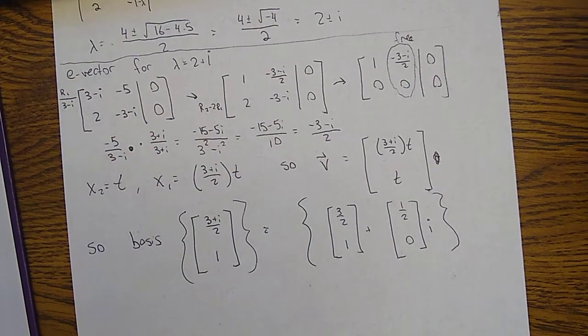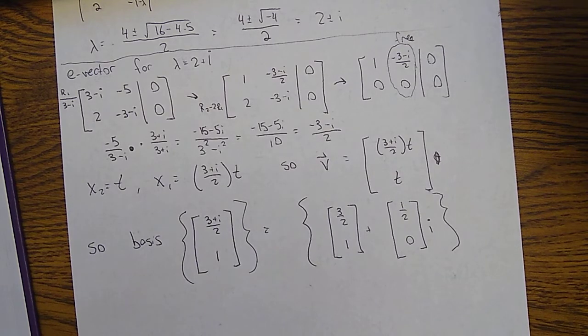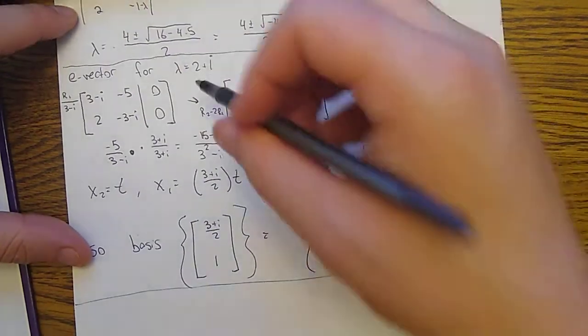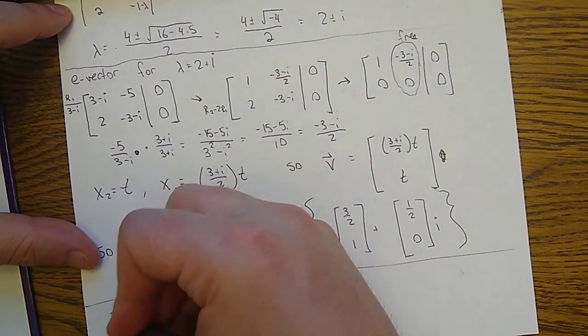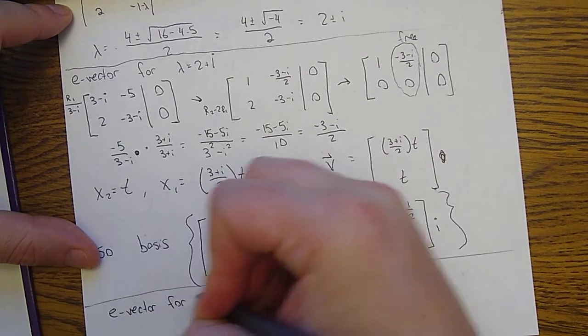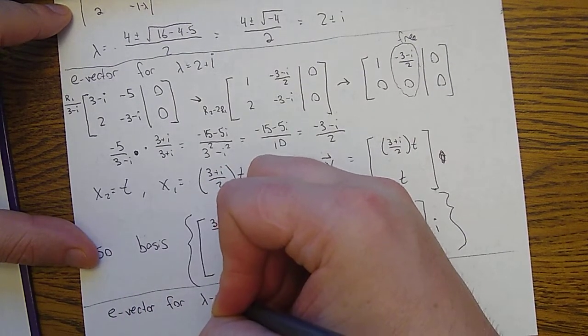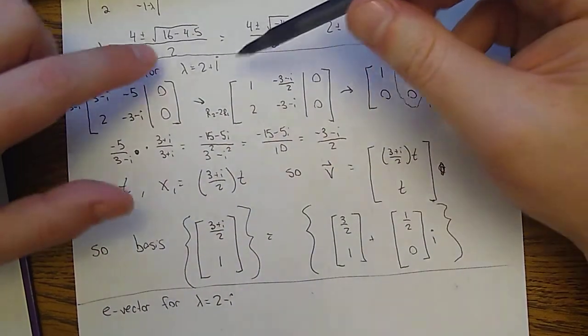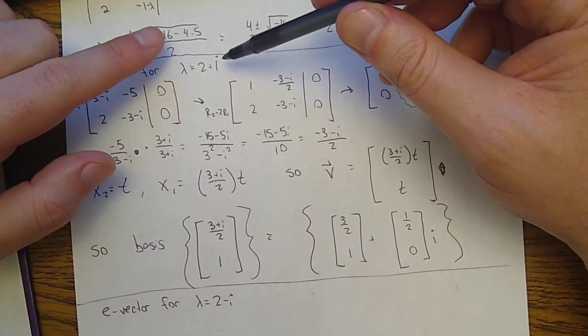The one nice thing when you have complex eigenvalues and eigenvectors is once you know one of them, you know the other one. In other words, we just found the eigenvectors for 2 plus i.